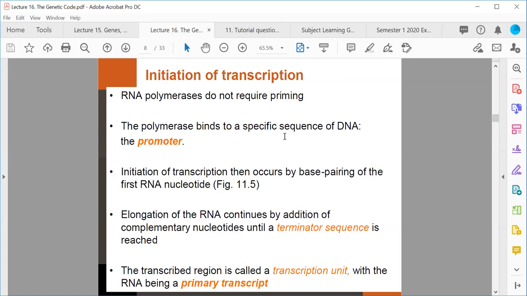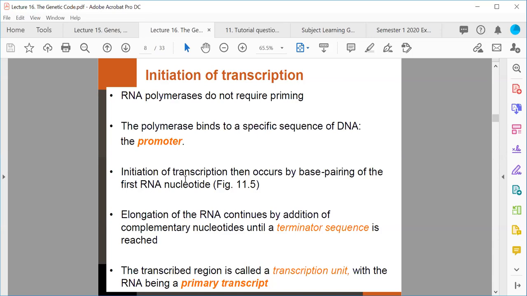And that region is referred to as upstream of the gene. And that region of DNA is called the promoter region, and it contains a specific sequence. Every promoter region of DNA contains a specific sequence that the RNA polymerase recognises, and it binds to it, and then it starts moving along that strand of DNA, adding complementary RNA nucleotides.